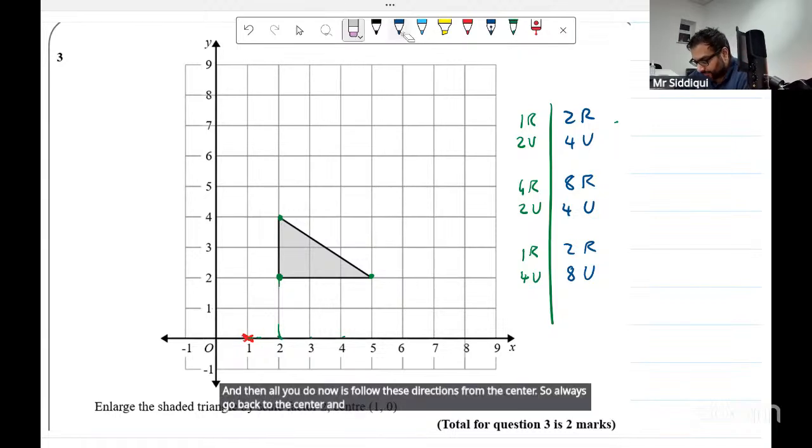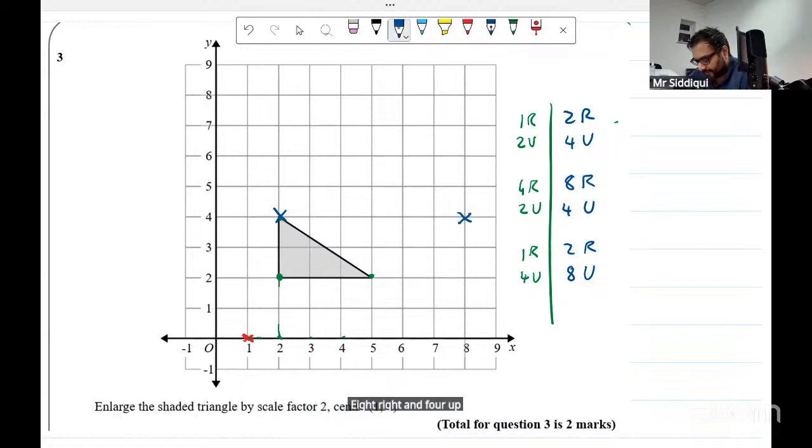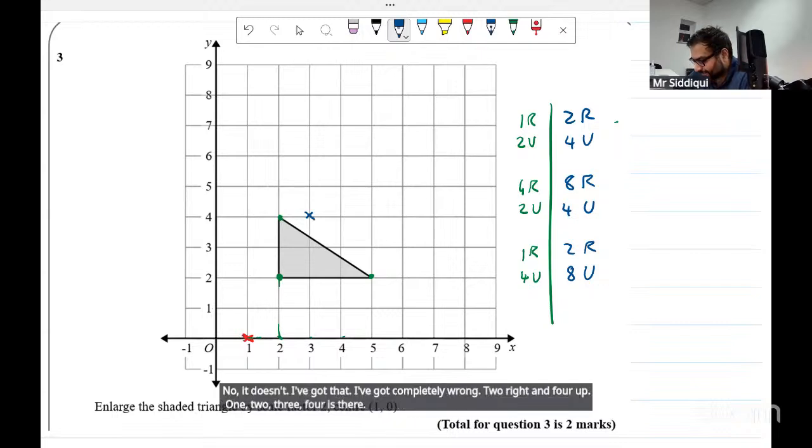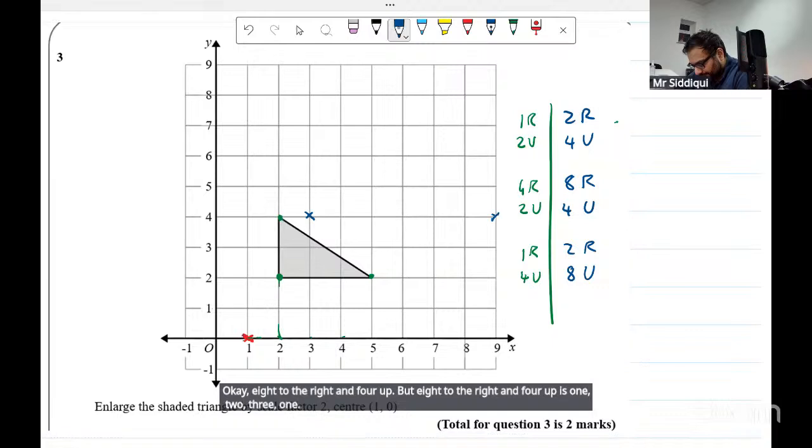So two right and four up. Two right and four up gets me to here. That's one of my points. Eight right and four up gets me to there. No, it doesn't. Hang on, I've got that completely wrong. Two right and four up. One, two, three, four is there. Okay. Eight to the right and four up. That eight to the right and four up is one, two, three, four is there.